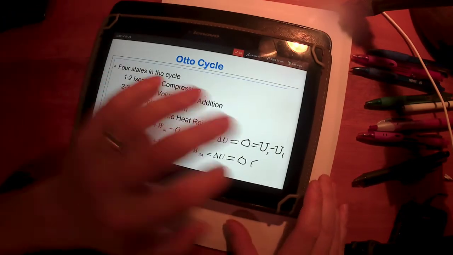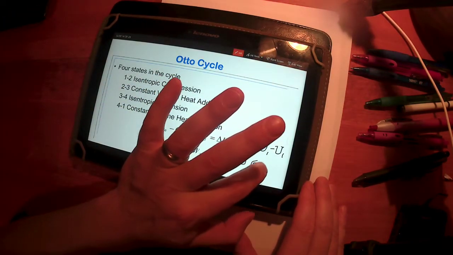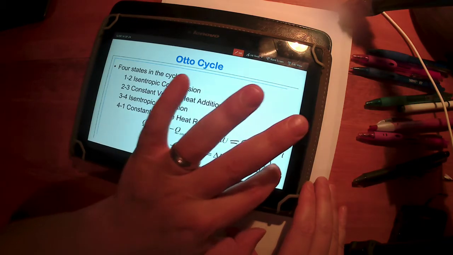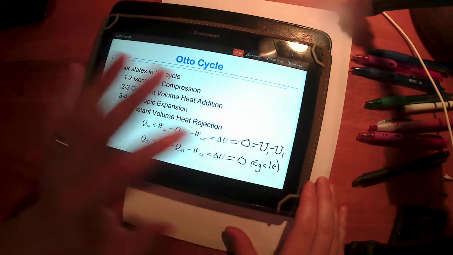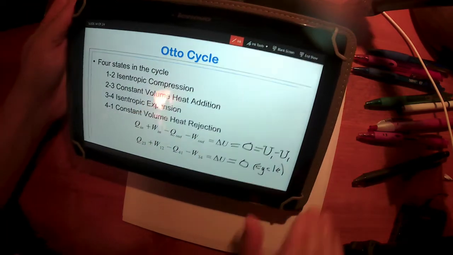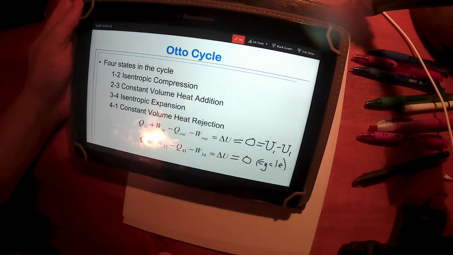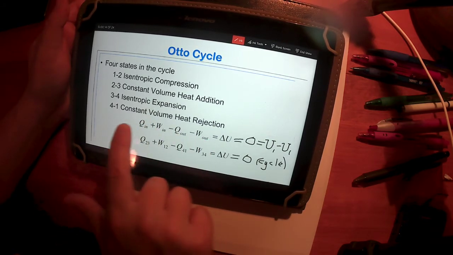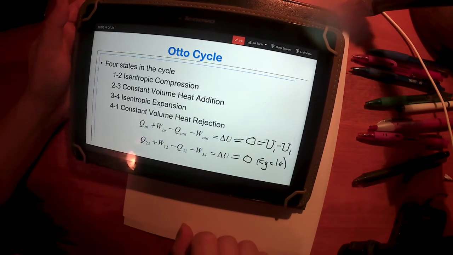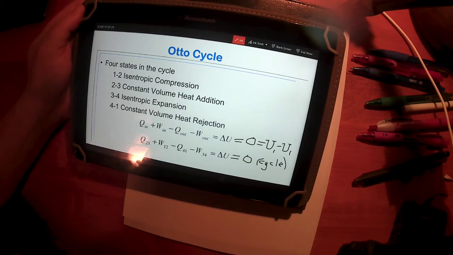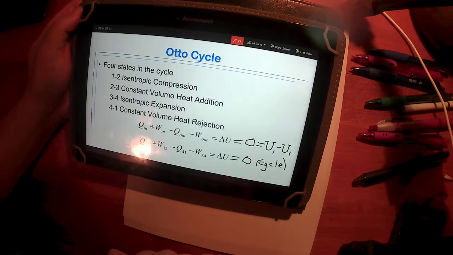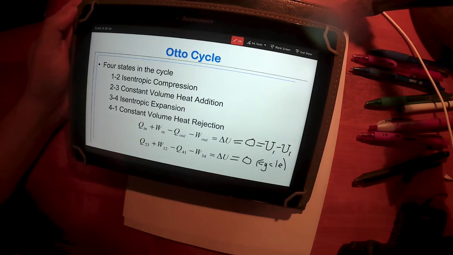I'm going to write. There's only so much I'm going to try to write with my right hand. And there we go. Because it's a cycle, the internal energy goes back to its initial state. Okay? So the sum of all these will add up to be 0. Okay? So that's one equation we can use throughout for all of these example problems that we can look at.